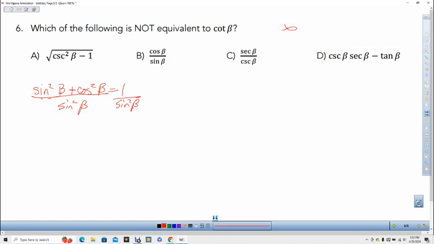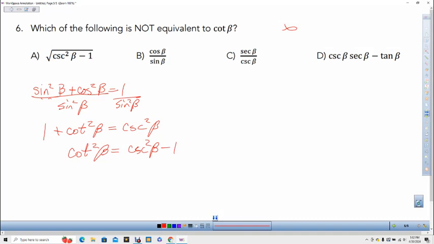All right, so if I divide, I'm going to have 1 plus cotangent squared beta is equal to cosecant squared beta. If I move that over to the other side, I now have cotangent squared beta is equal to cosecant squared beta minus 1.